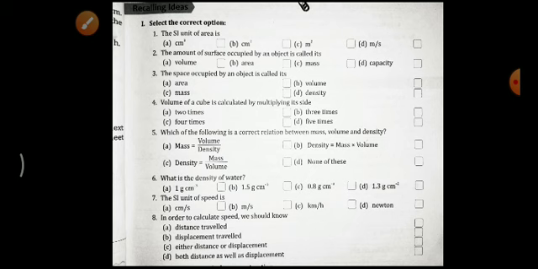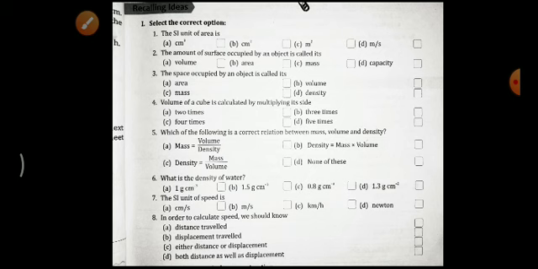Meter. And what is the SI unit of time? Second. So what will be the answer here? Meter per second is the SI unit of speed, but we can use kilometer per hour, centimeter per second also. But if we consider the SI unit, then meter per second is the SI unit of speed. Newton is different, it is the unit of force.